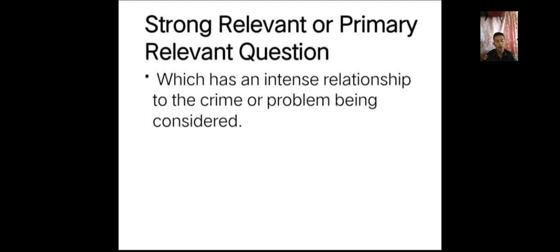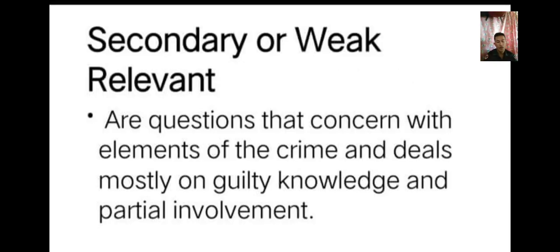There are 2 types of relevant questions. First is strong relevant or primary relevant questions, and second is secondary or weak relevant. Examples of secondary or weak relevant are questions that concern elements of the crime and deal mostly with guilty knowledge and partial involvement.